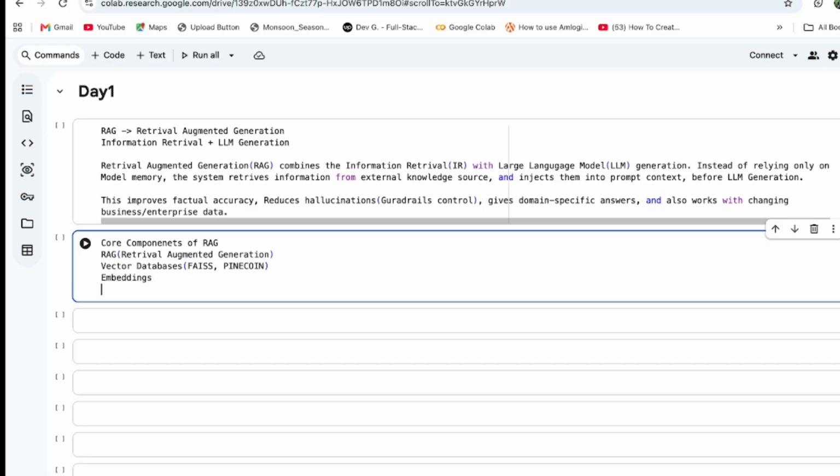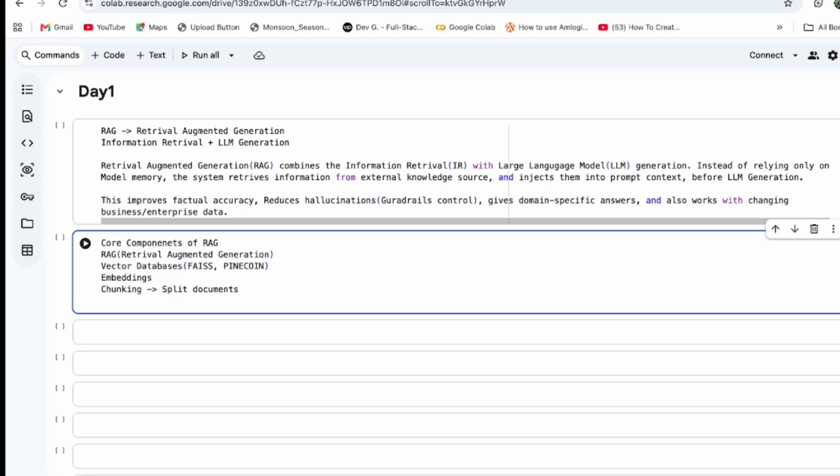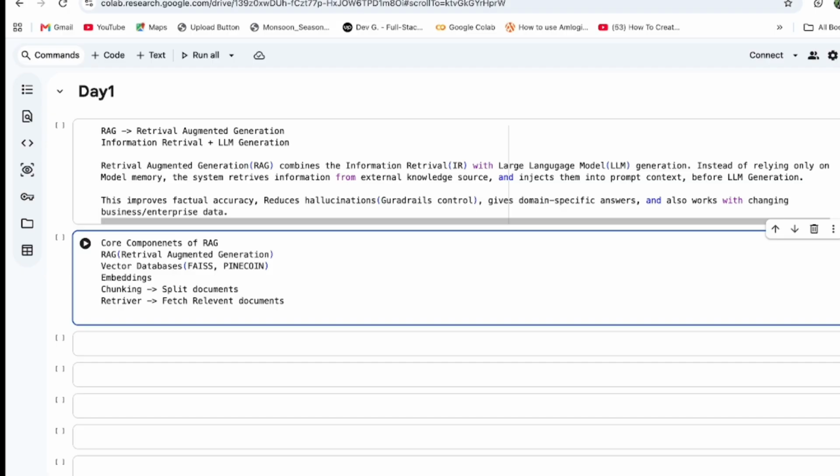Embeddings stand for word vectors, and the next one is chunking. Chunking means splitting the documents. The next one is the retriever, which fetches the relevant documents, and then there is the generator, which we call the LLM, which gives us the final answer.